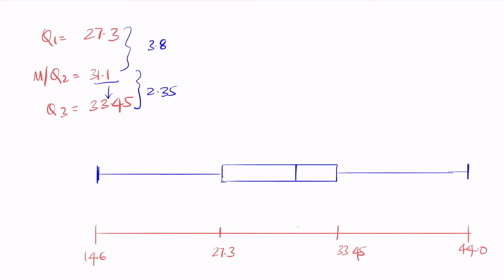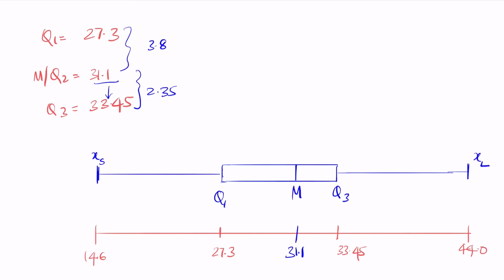So for example, let's say this is the point where we have 31.1. So notice that this represents Q1, this represents Q3, this is the smallest value, this is the largest value, and the midpoint represents the median.